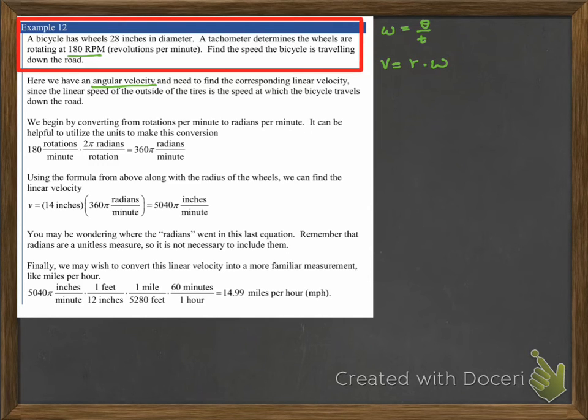Because we have revolutions per minute, we need to figure out what the radians are. We know that there are 2 pi radians in one rotation. So if we have 180 rotations, we have to figure out what 180 times 2 pi is. And this is going to give us 360 pi radians per minute.